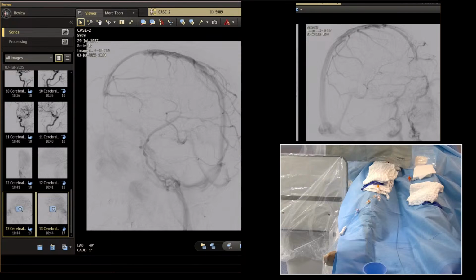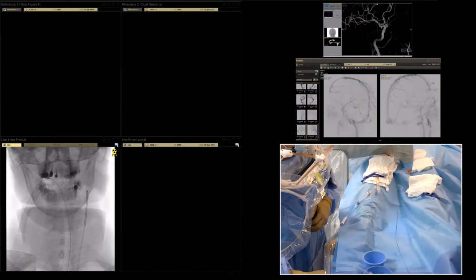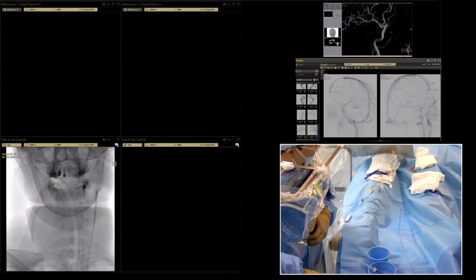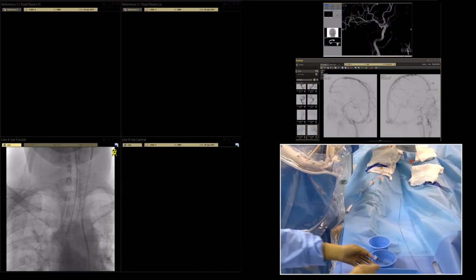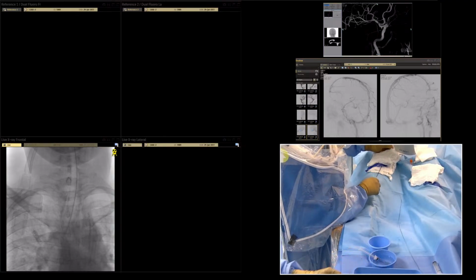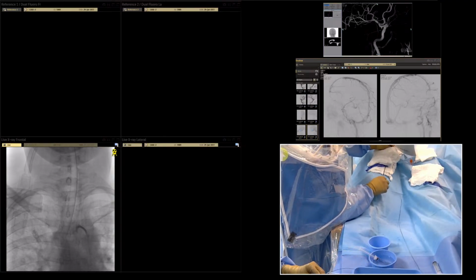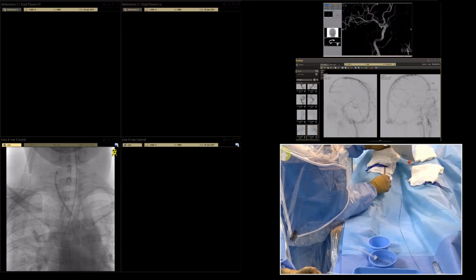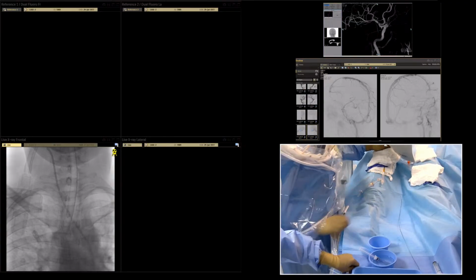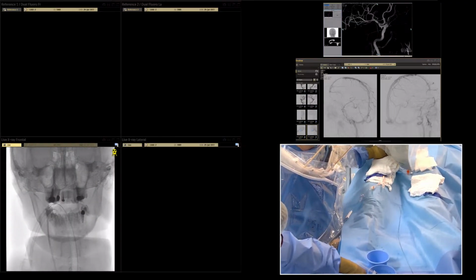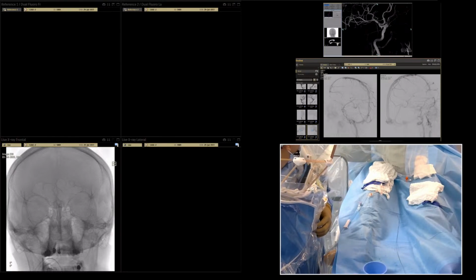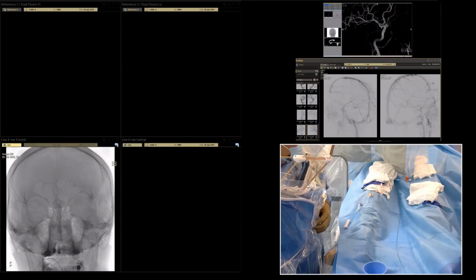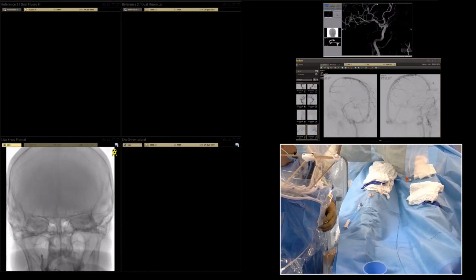Okay. I will do it in angulation. Jet close.